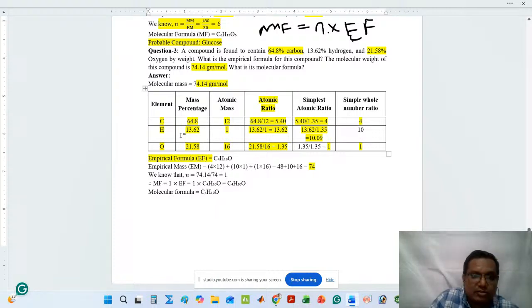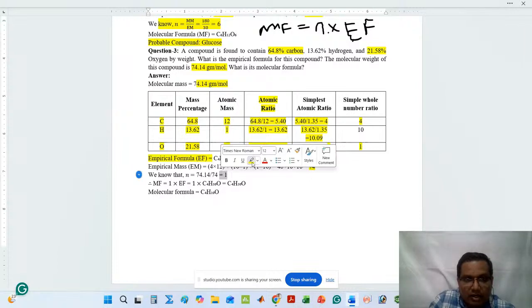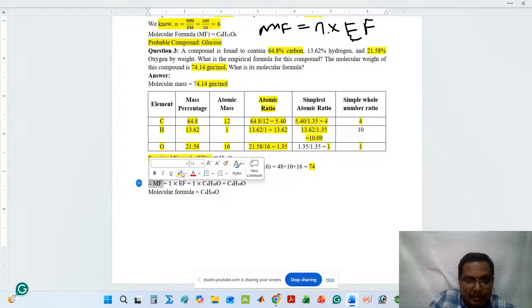Here n value is equal to how much? Molecular mass divided by empirical mass. Molecular mass is 74.14. Empirical mass is 74. So the value of n is equal to 1. Again, we know that molecular formula is equal to n into empirical formula.